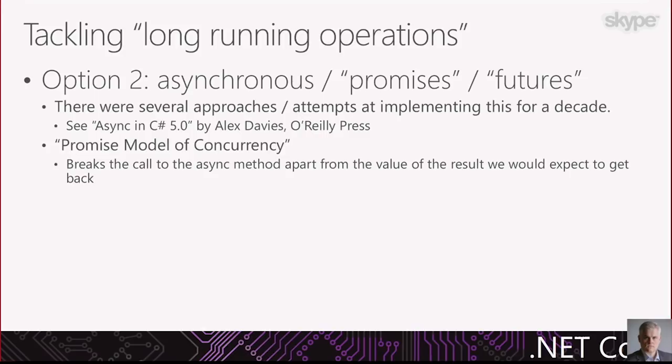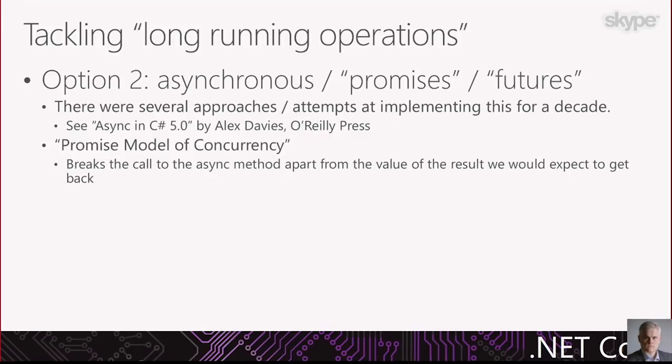It's known by several different names depending on which programming language you're looking at. In JavaScript, it's known as promises, and in some cases even known as futures. Most programming languages simply refer to this as async or asynchronous software development.